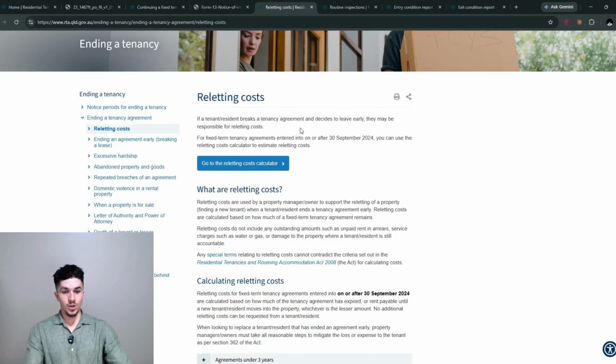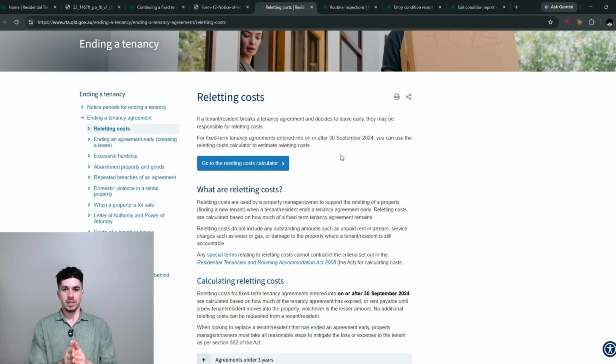To continue on that, for fixed term tenancy agreements entered into or after the 30th of September 2024, which would most likely be the lease agreement between your agency and the tenant that's renting your property, they only have to pay a maximum amount of rent, or rent until a new tenant moves in, whichever is the lesser cost. And that's it.